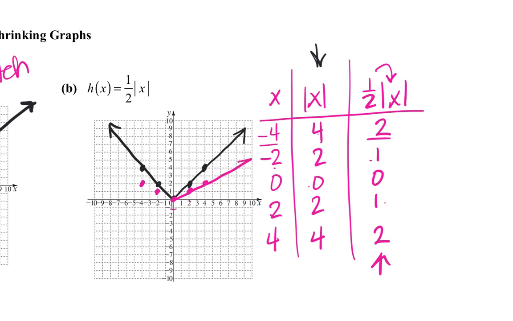And now we have that graph. Oh, that's a terrible line. But as you see, the graph looks bigger, yet if you look at your y values, they got smaller. So this is considered a vertical shrink.